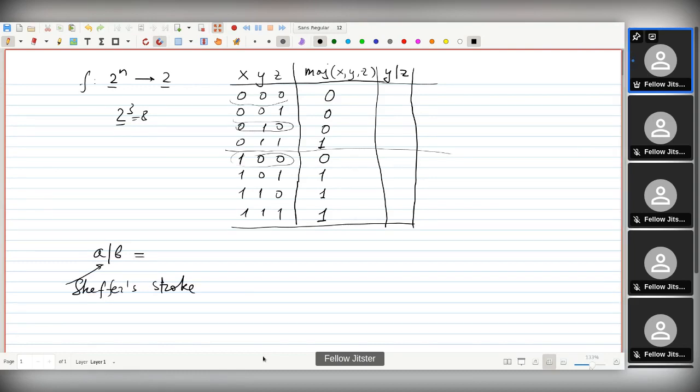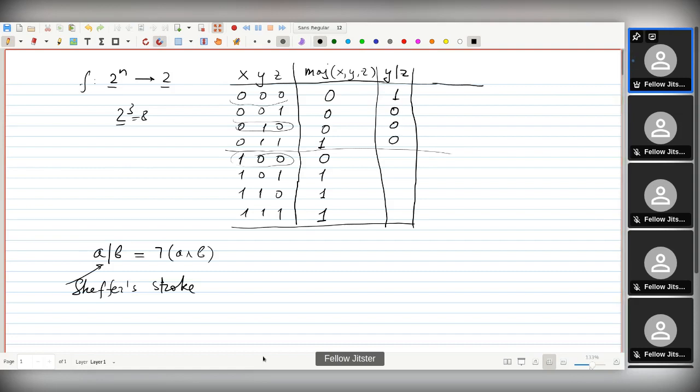It is just the negation of conjunction of A and B. So if we take conjunction for Y and Z, there would be 0, 1, 1, 1. But if we want to negate it, we shall obtain just 1, 0, 0.